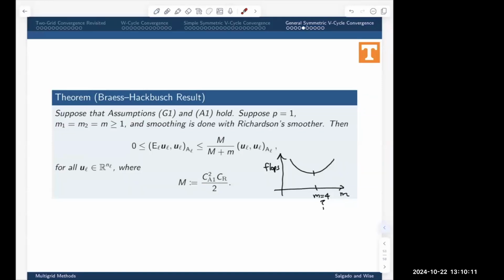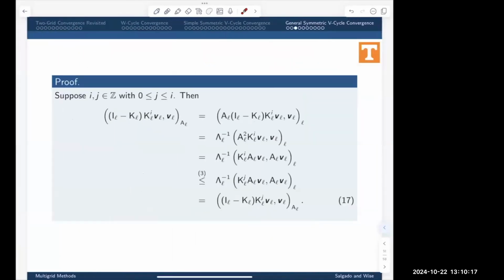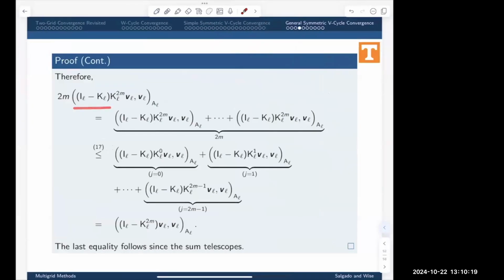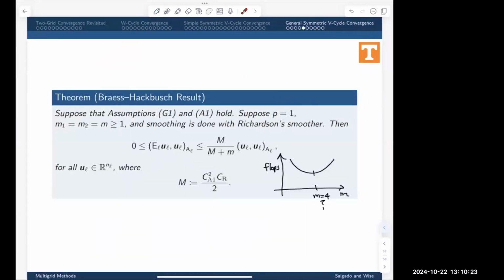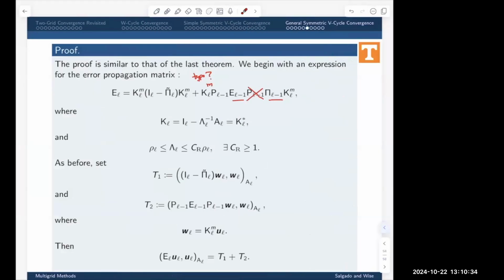Not any separate smoothing property. We're assuming the Richardson smoother is being used. So that means that we're going to be able to use this telescoping estimate here. But it also means that either of the properties that we had before apply, so either this first smoothing principle or the second smoothing principle. Richardson's smoother satisfies them both as long as I make that choice.